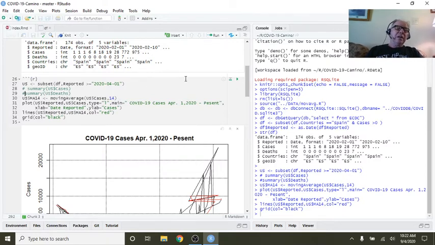Okay. This is a little weird. I have to be perfectly honest, I'm not exactly sure what happened. Did we not get Spain as the numbers?